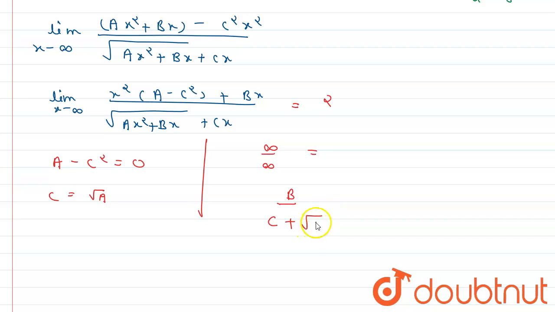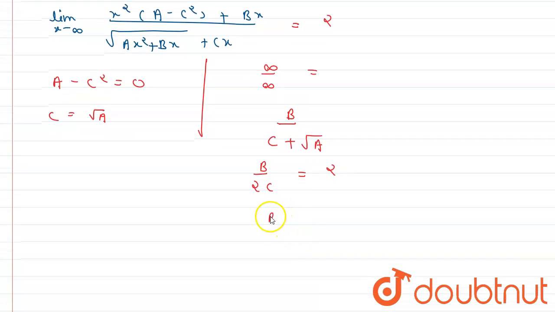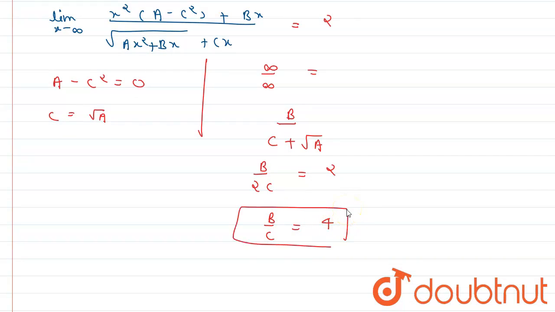So c plus root a, and from here root a equal to c, so this is equal to b upon 2c, and the limit is given equal to 2. So from here we can write b upon c equal to 4. Maintain this relation, as we need it further.